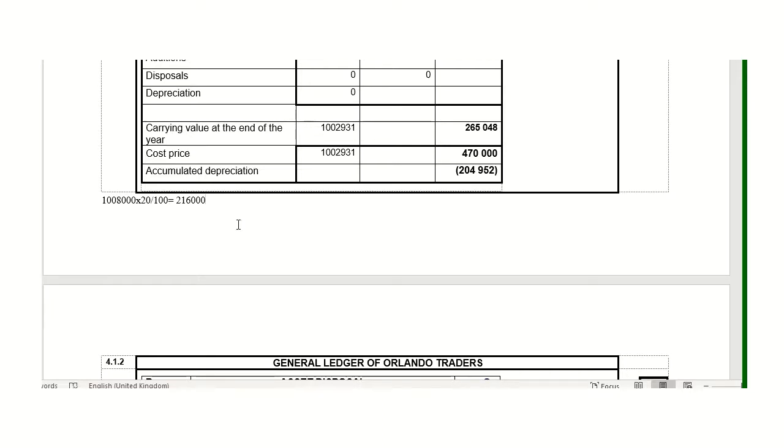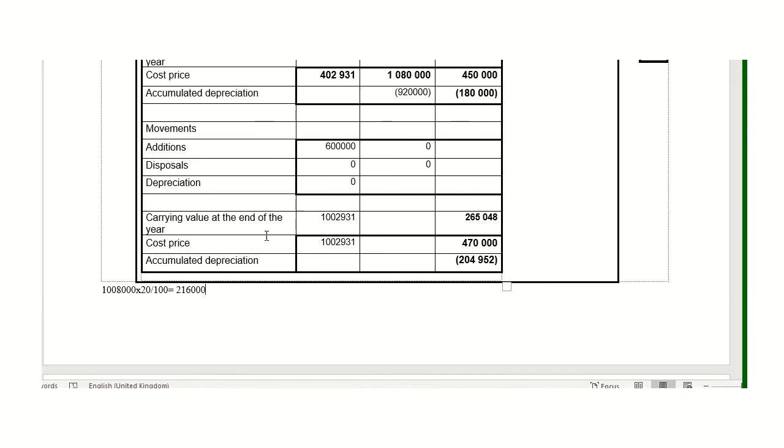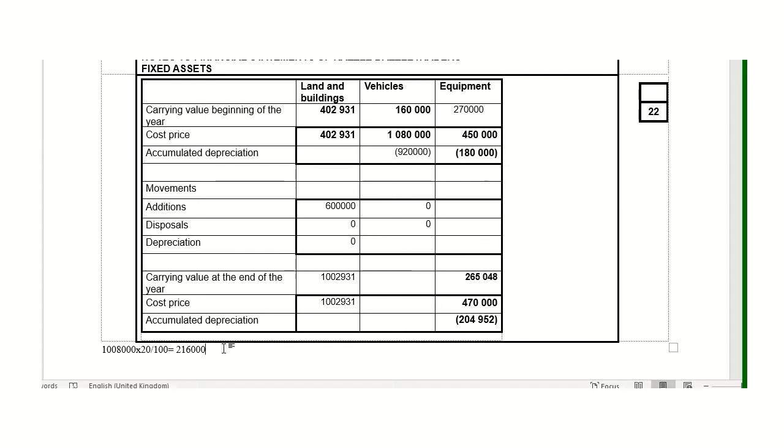Good, but before I say that is what the depreciation should be, I must make sure this is not more than the carrying value at the beginning. Remember, I'm going to reduce the carrying value with further depreciation for the year, and the carrying value can never be less than R1. So I cannot reduce it by 216,000 because there's only 160,000 available.